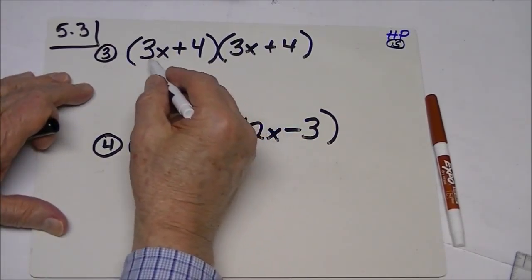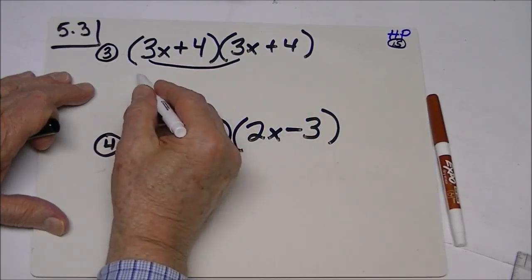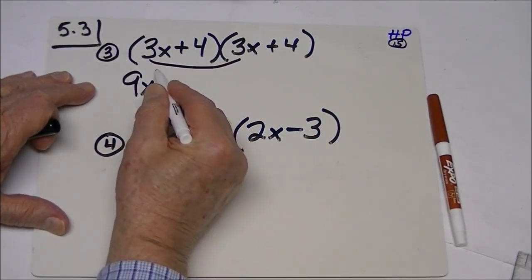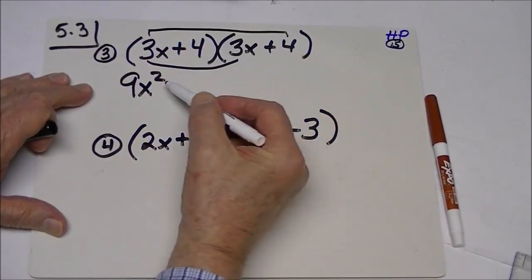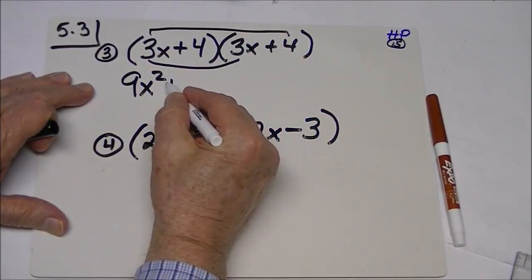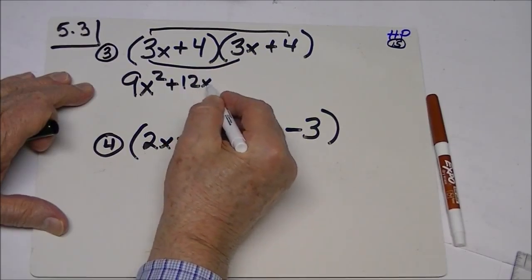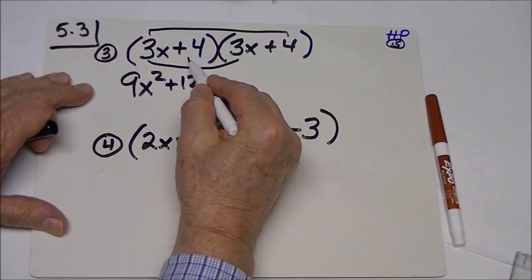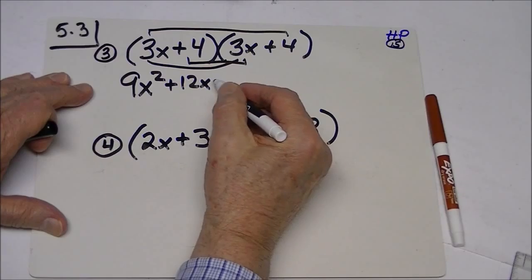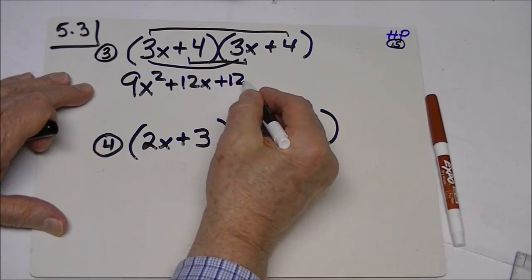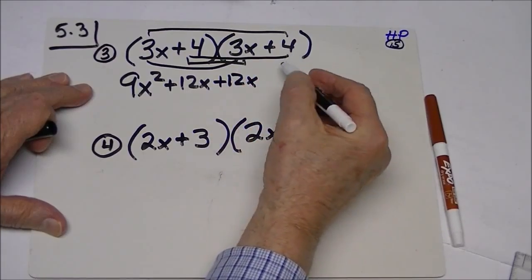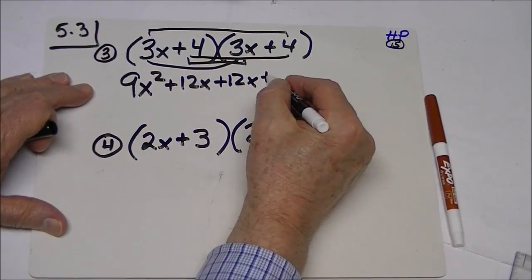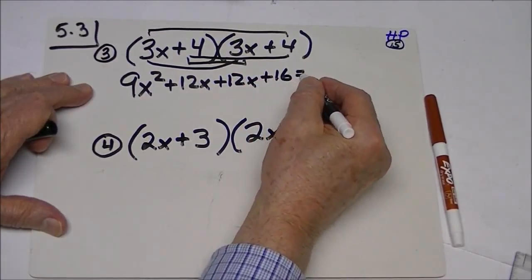So again, the first, 9x squared. The outers, a positive 12x. The inners, a positive 12x. And the last, a positive 16.